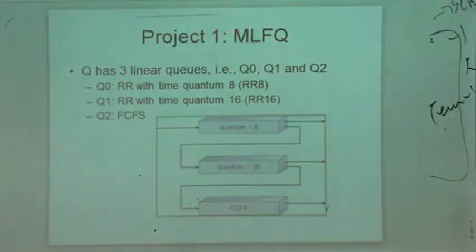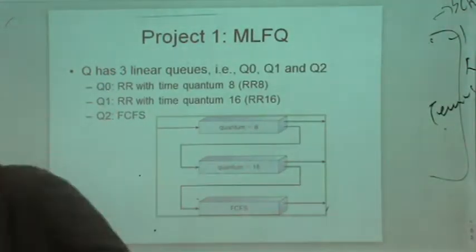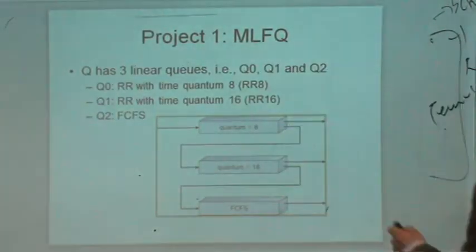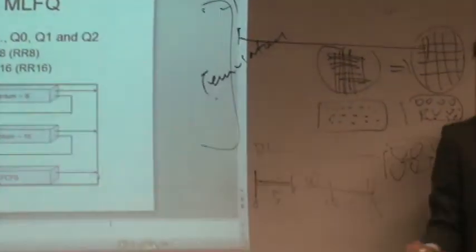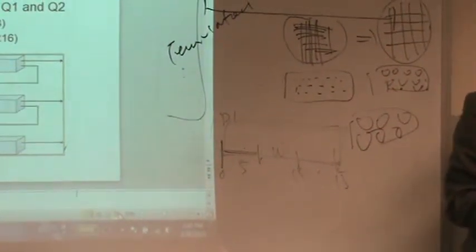P1 start time is 0. So for example, P1 takes the time 5, waits up to 10, and 15 is completed. Then the turnaround time is 15, including the waiting time.